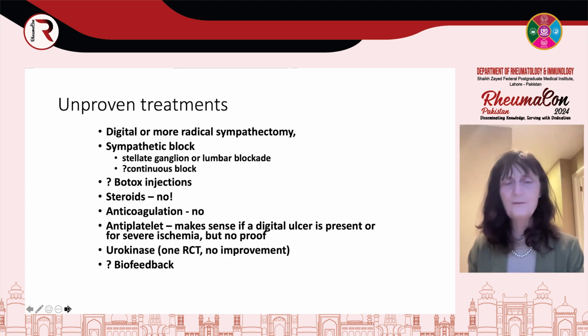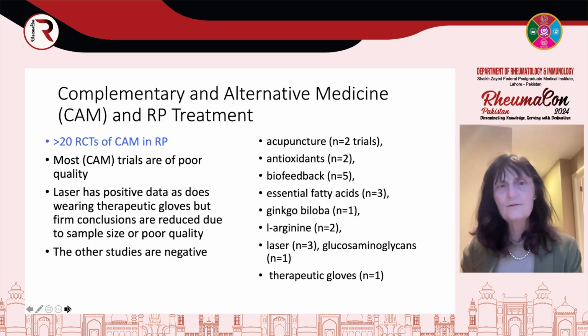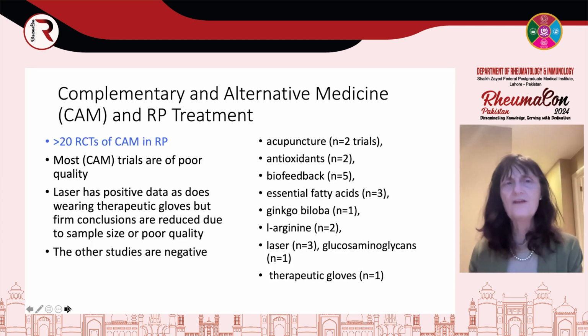And biofeedback actually has some positive data, only in very few patients who can learn to control the temperature of their fingers by biofeedback and improve it. We did a systematic review many years ago of complementary and alternative medicine, and I think now there's 22 randomized controlled trials, and almost all of them are negative.